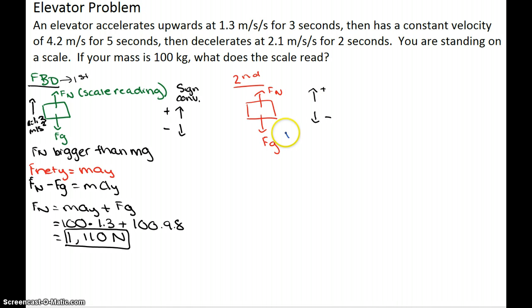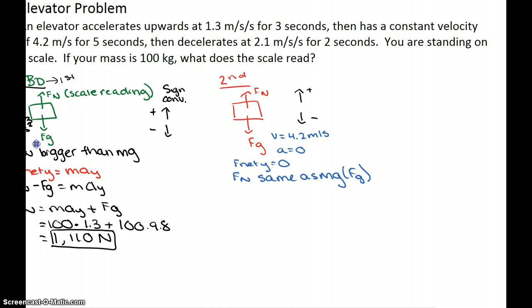If I'm moving at a constant velocity, what would my acceleration be? My acceleration is going to be 0. So my net force is 0, and that means my normal force and my weight are the same. Here Fn is the same as mg, my weight.